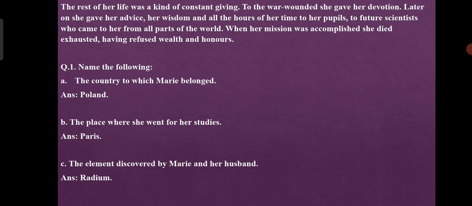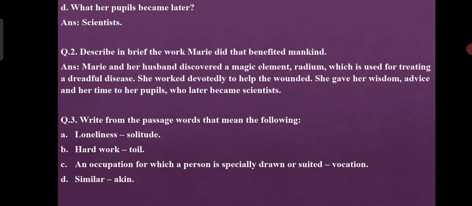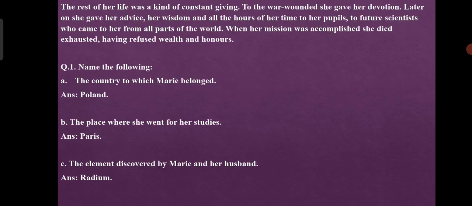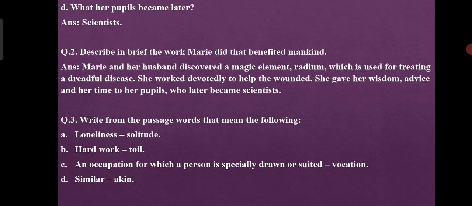Radium. Next is what her pupils became later. See here in the last paragraph, third last line: to future scientists who came to her from all parts of the world. So the ones who were her students, the ones to whom she was giving advice, her wisdom and all, they became the scientists. So the answer becomes scientists.